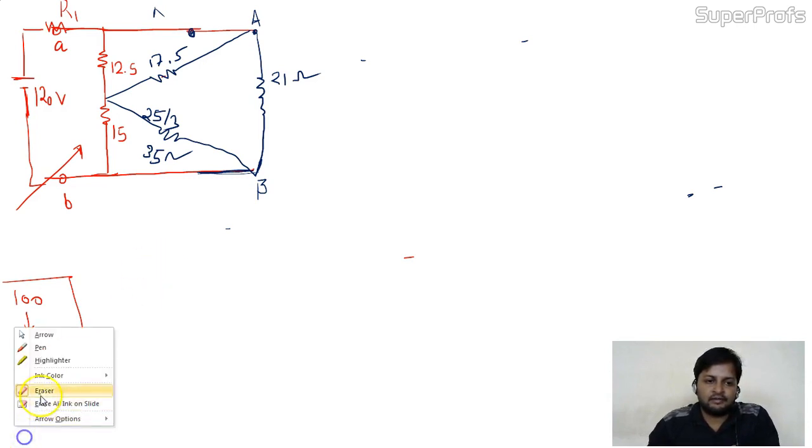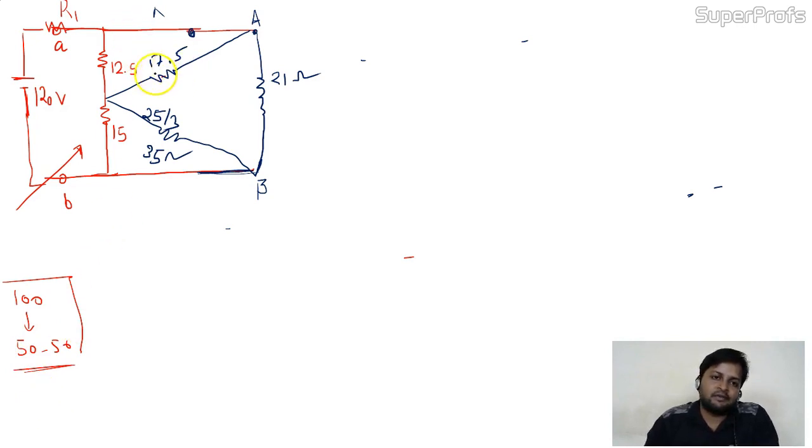If you observe this circuit, this 17.5 and this 12.5 are in parallel combination, because this is the starting point of these two, and this is the ending point. They are in parallel connection. The 15 and 35 are also in parallel connection.